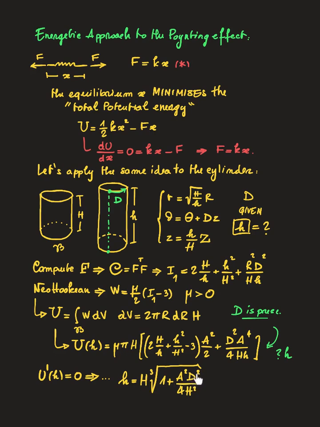If d is increasing, which means you are twisting either way, it doesn't matter because there is the square, this quantity is higher than 1, and then the reference height is multiplied by a number larger than 1, so lowercase h is higher than capital H. And this is a very simple and surprising proof of the Poynting effect.